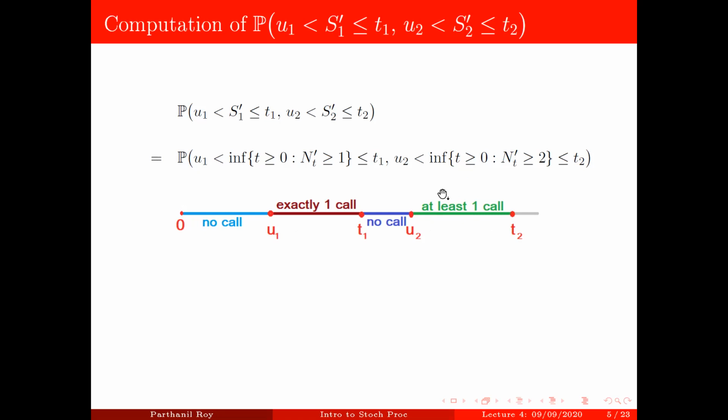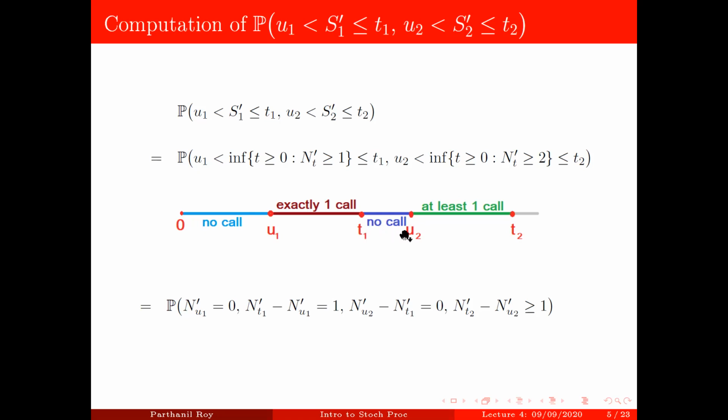So therefore, what we get from here is that N'(u1) has to be 0. N'(t1) minus N'(u1), which is the number of phone calls in this interval, has to be 1. N'(u2) minus N'(t1) has to be 0, which is the number of phone calls in this interval.